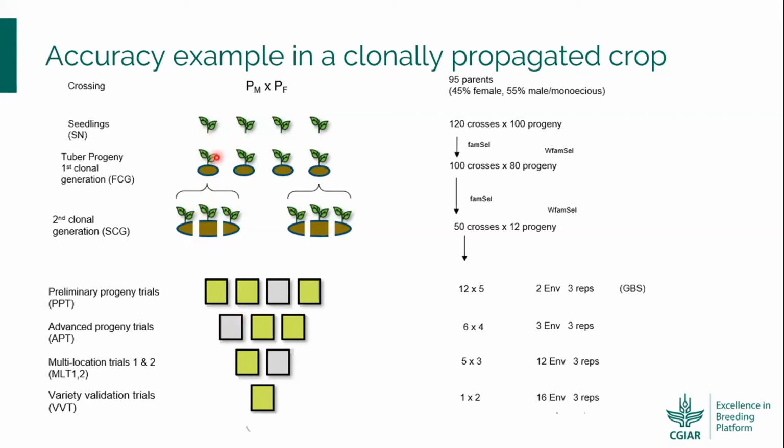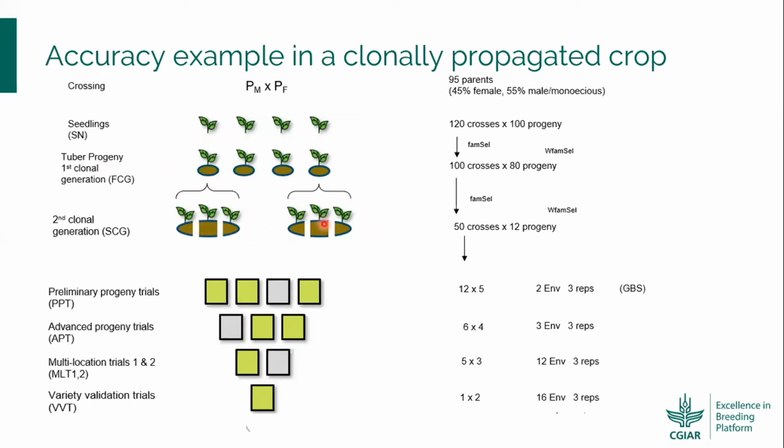So in essence, if they are genotyping here, and actually, in the case of the JAM program, even though they have very limited material in the second clonal generation, they still phenotype for yield, which is one of the most relevant traits.